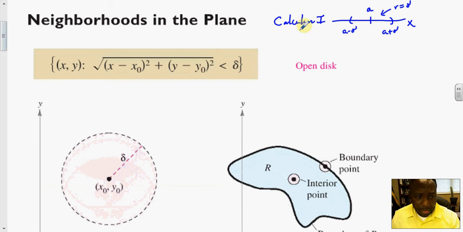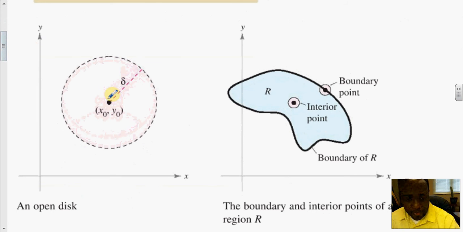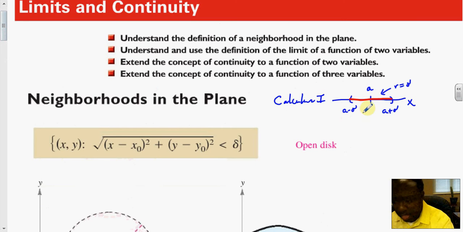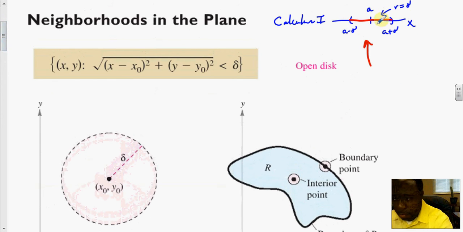In calculus 3, instead of talking about a line with a neighborhood on an interval, we talk about a disk or a ball, a delta disk here, which is in the two space, and then in the three space we talk about a sphere being some type of ball that acts just like what happened in calculus 1, but you're in the one space there where f depends on x.